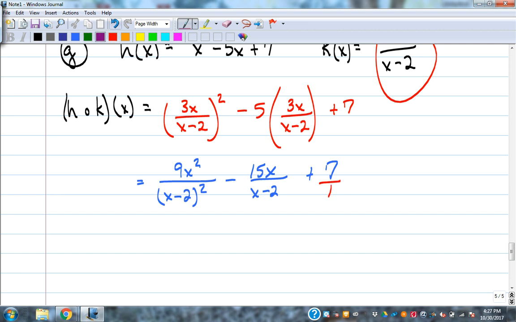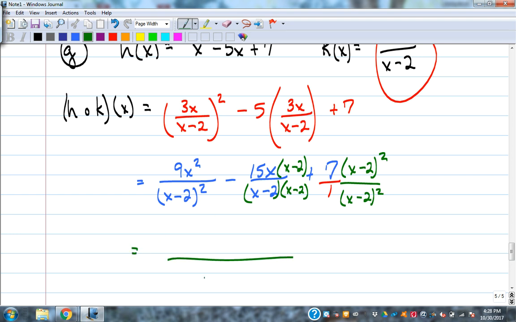So we want to get the common denominator to be x minus 2 squared. So this guy needs an x minus 2, and this guy needs x minus 2 squared to make it work. So that means their denominator is going to be x minus 2 squared.